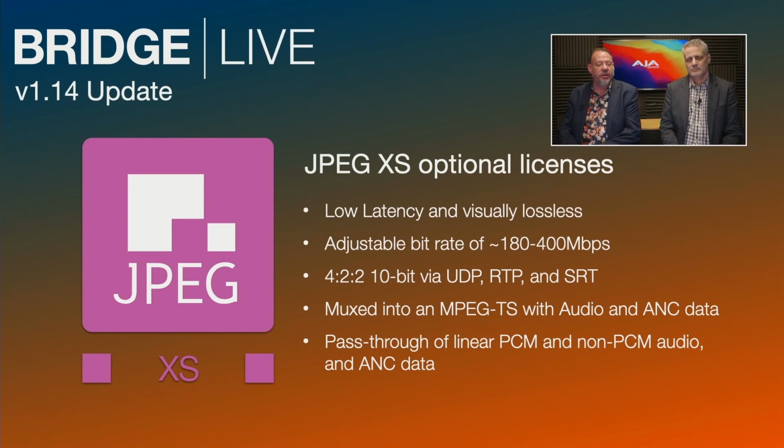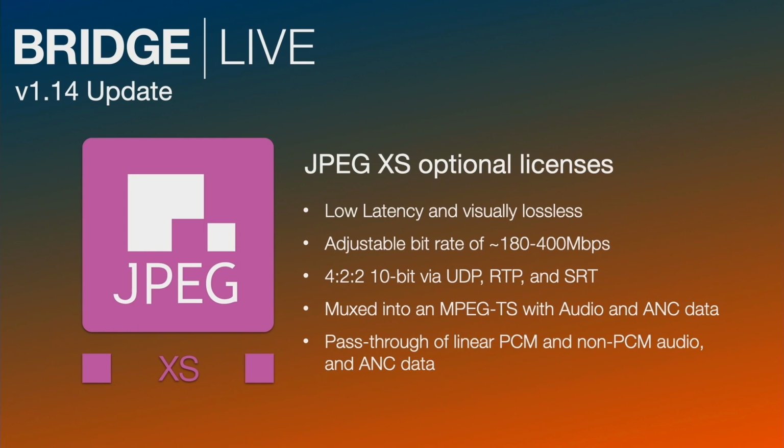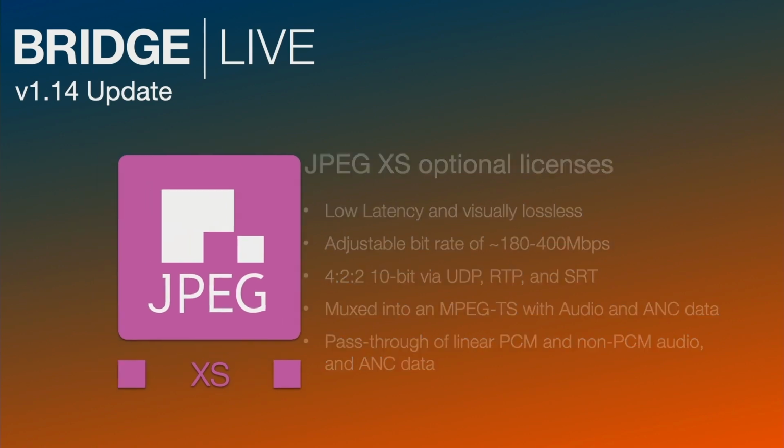So you're getting beautiful imagery again, 10-bit again through SRT for encryption and that type of thing. And then it's going into an MPEG TS stream, which means transport stream, standard stuff. Very good audio. It's PCM, so clean as can be. So just another great option for folks.